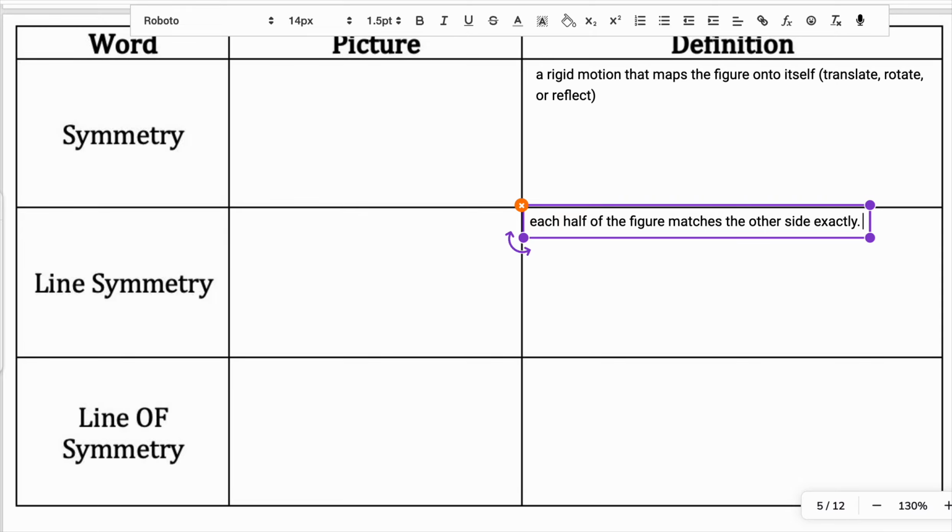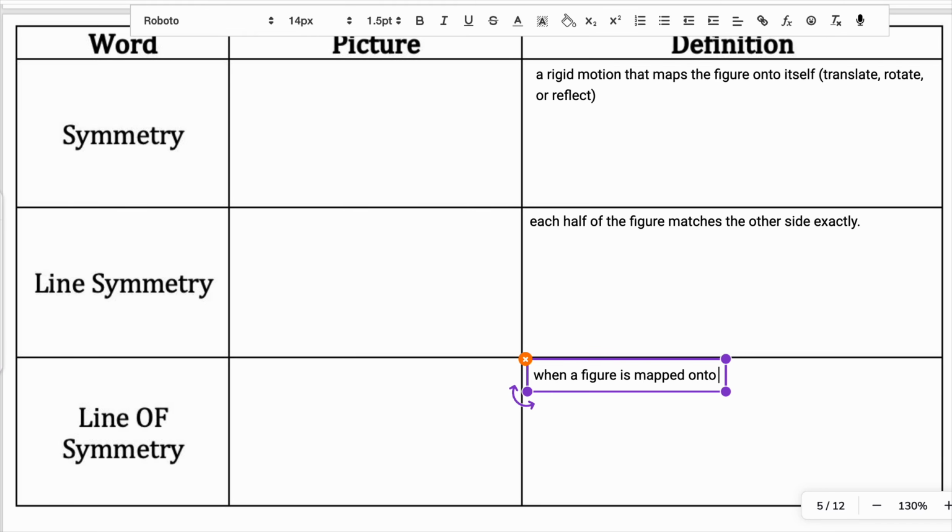And we'll again show some pictures of that here in a second. And then the line of symmetry is when a figure is mapped onto itself by a reflection in a line.